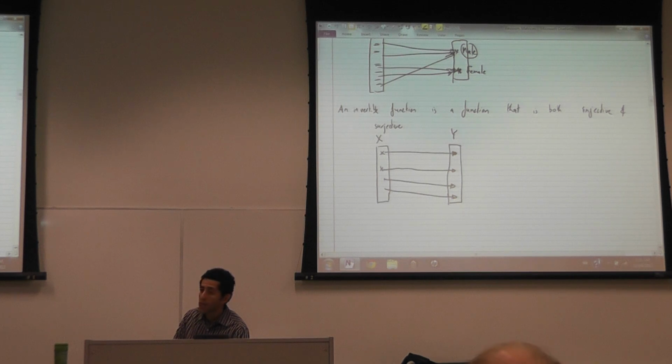Once it's injective and surjective, then this function is invertible.